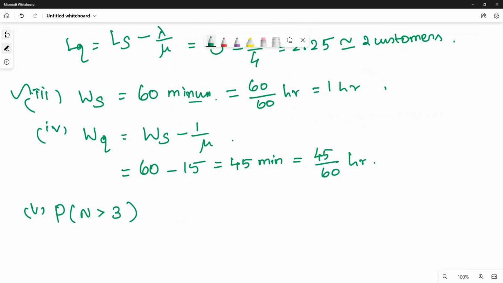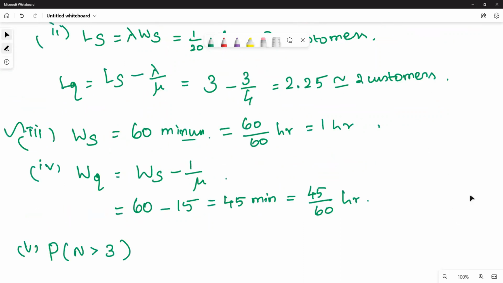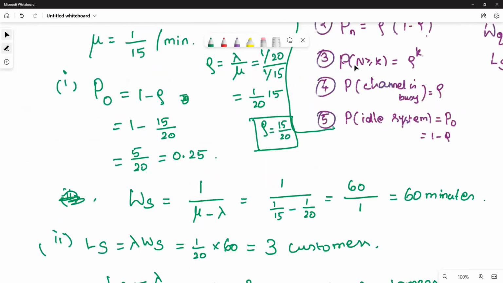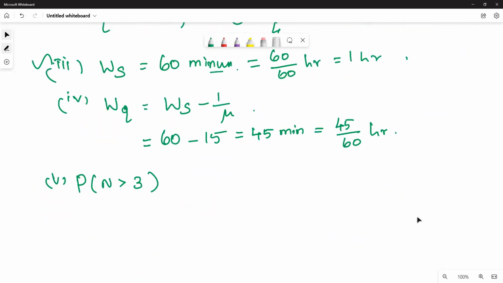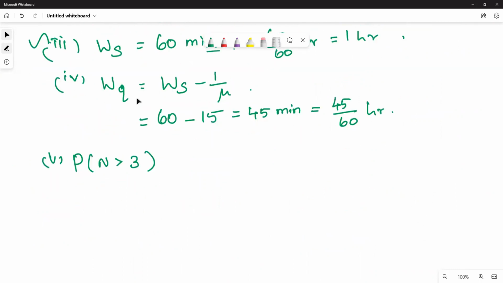P of n greater than or equal to k is rho power k. Here they have asked P of n greater than 3, so convert it to an inequality with equality, then only we can use the formula. Greater than 3 means it is greater than or equal to 4.